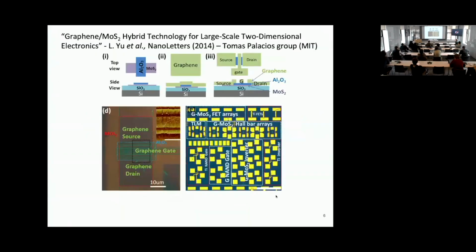Here's another example of real devices. And again, here's the semiconductor, molybdenum disulfide, the purple, with contacts of graphene. So graphene is the source and the drain on the semiconductor, and you sandwich these between different arrangements. You form different gates, NAND gates, and so on, and you can make real devices. So this is from the group of Tomas Palacios at MIT.